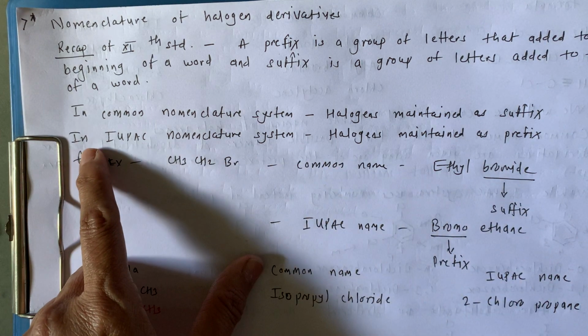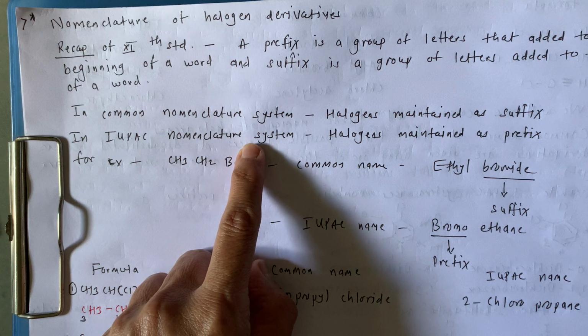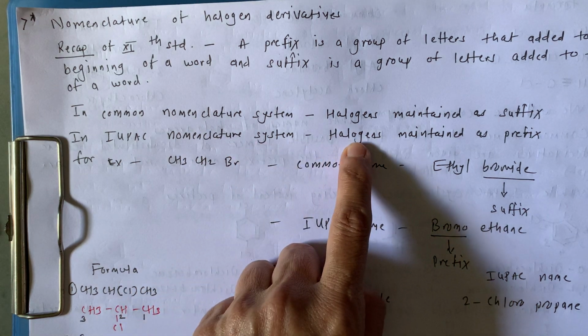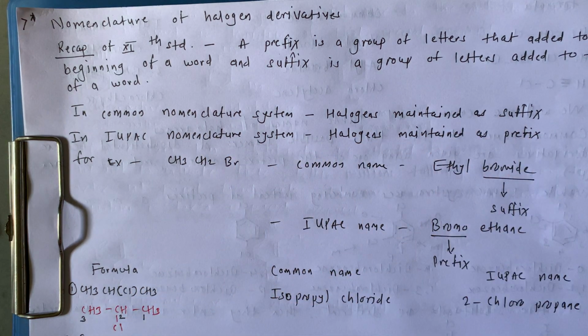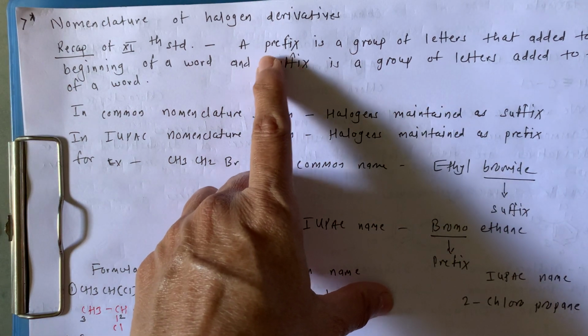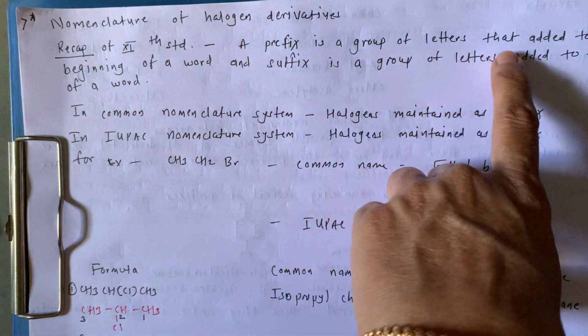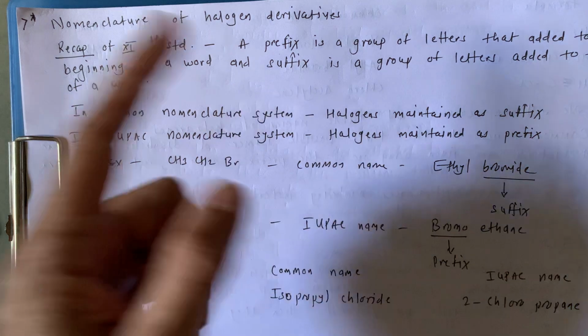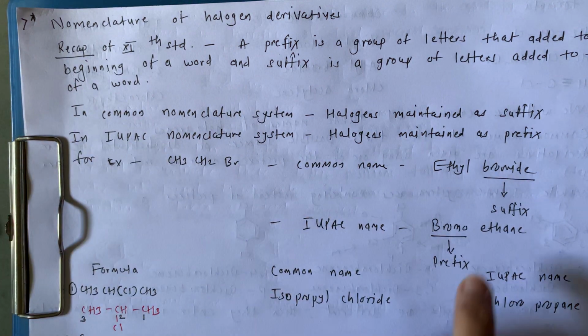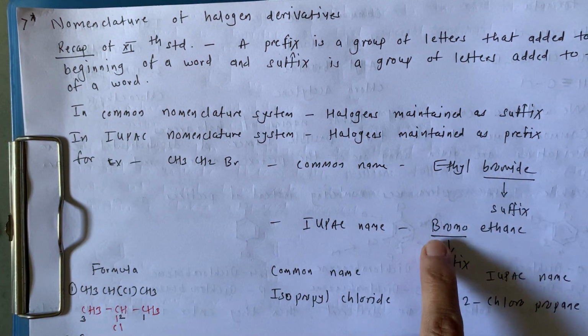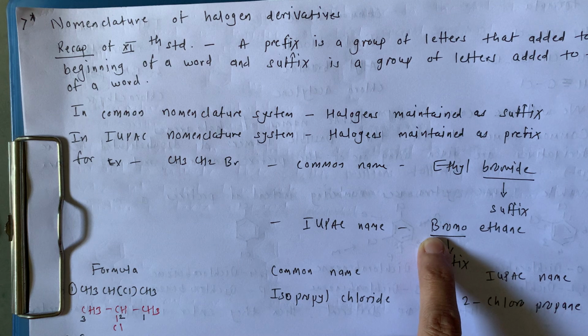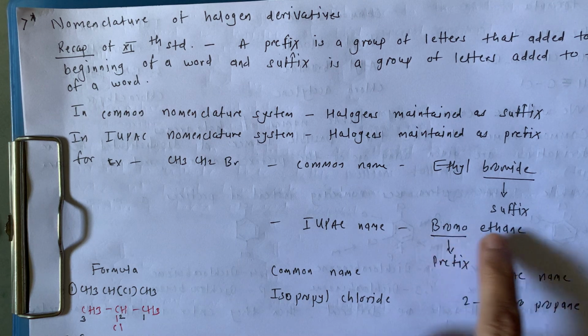But when you are going to study the IUPAC nomenclature system, then halogens are mentioned as a prefix. What do you mean by prefix? A prefix is a group of letters added to the beginning of a word. So this is our word, and in the beginning we mention the halogen, and that is bromoethane.